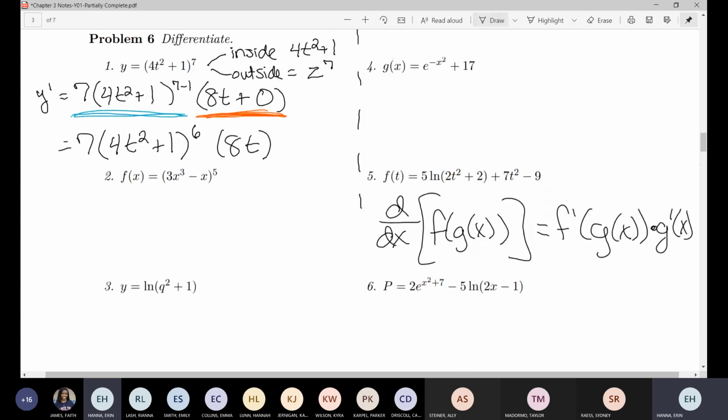If I look at y, that's something to a power, right? So I would focus on finding that first. That gives you your outside function, which is essentially z to the 5th. Well, what's the z? That's the 3x cubed minus x. So I think it's easier to think about the outside first, and then the inside just falls right out.